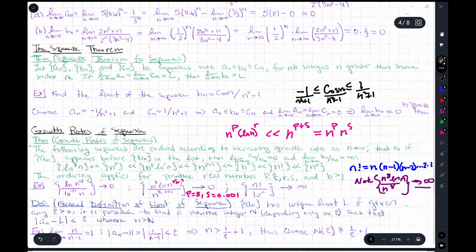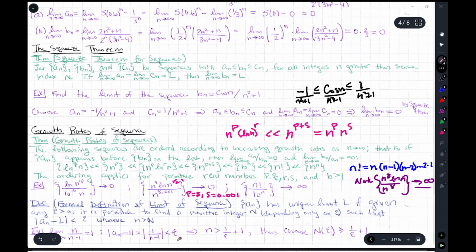We'll take a quick example with the formal definition. We know that the limit of n over n minus 1 is equal to 1. We know that from that functions theorem, that we could basically treat these as functions. Well, let's frame this in terms of the epsilon. The limit is 1, and we want to show that with the epsilon definition. So a sub n is n over n minus 1, and a sub n minus 1 is going to be equal to 1 over n minus 1.